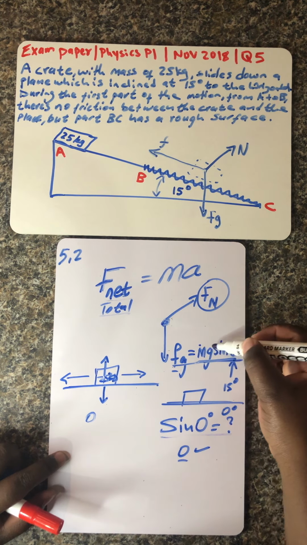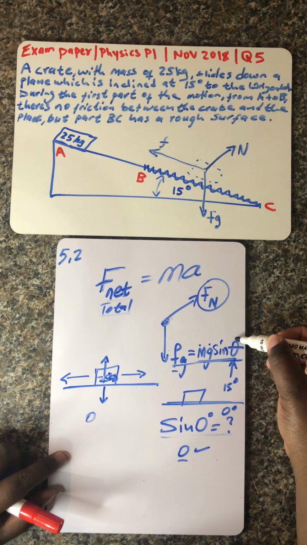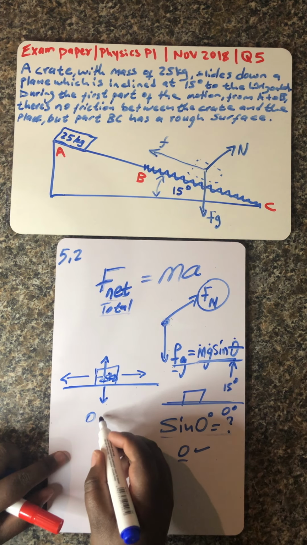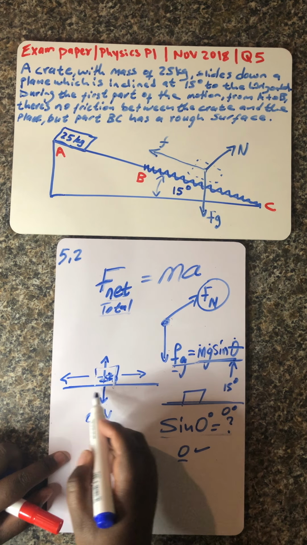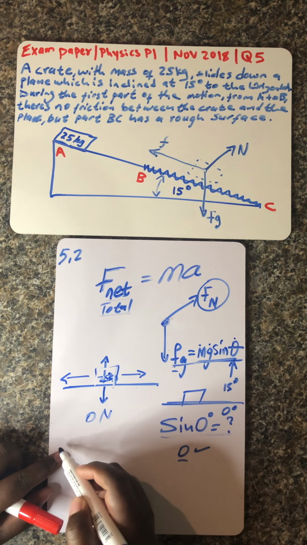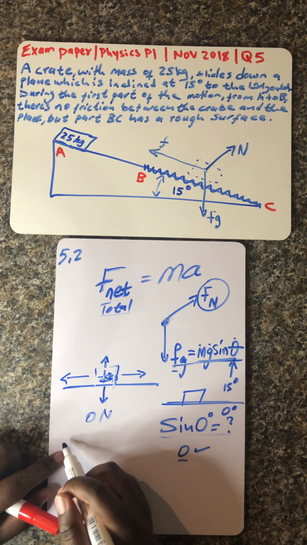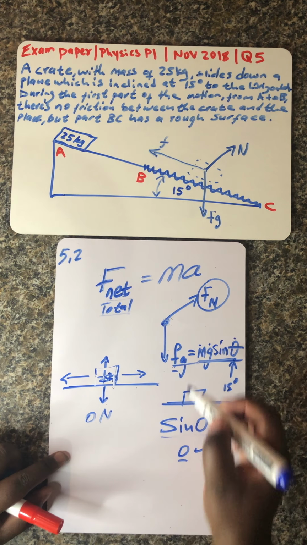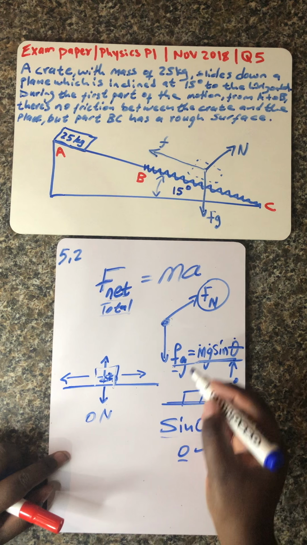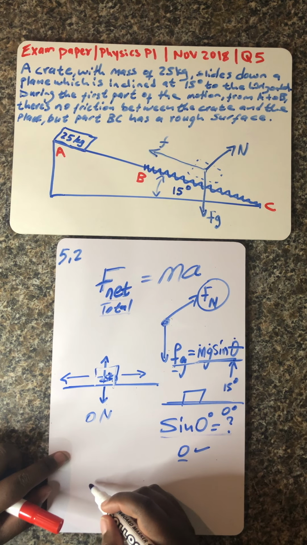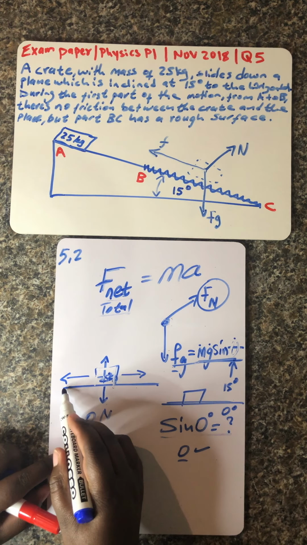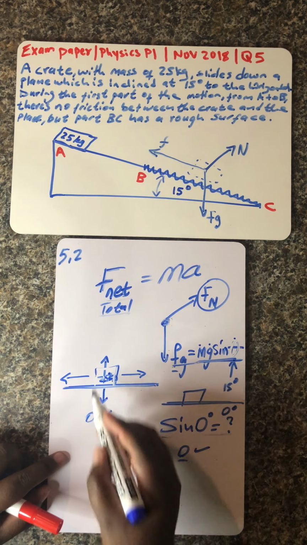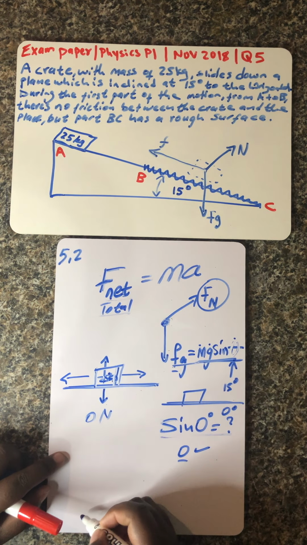If you say 25 times 9.8 times sine 0, the answer is 0 Newton. So this object is not moving in any direction as a result of gravitational force. Why? Because the angle is 0, so it's just standing there.